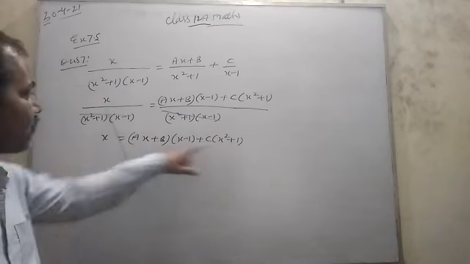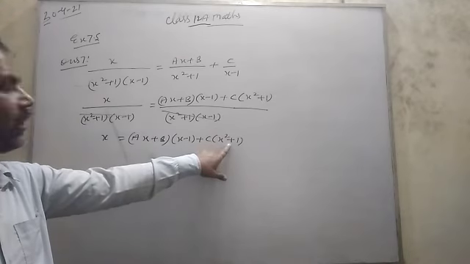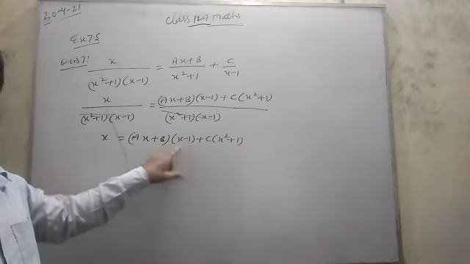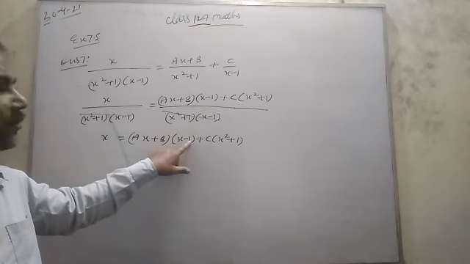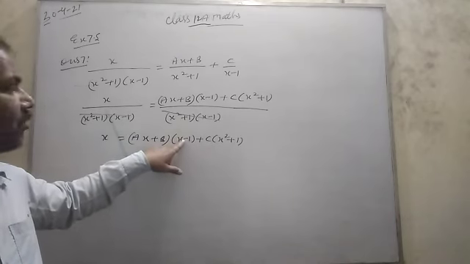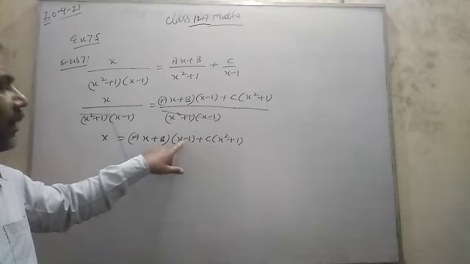Okay, so but x square plus 1 is here coming. So only one value you can find by this way. This x minus 1 is a linear polynomial, so by putting it equal to 0 you can find the x value.